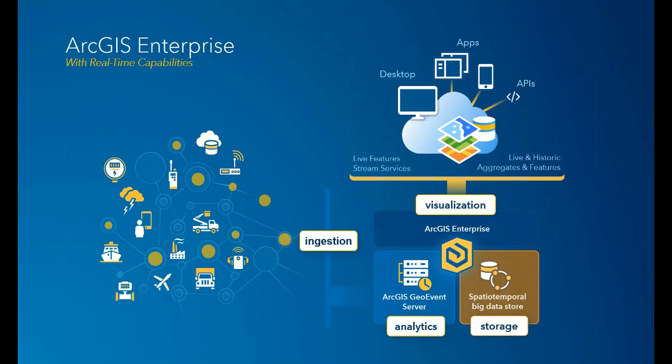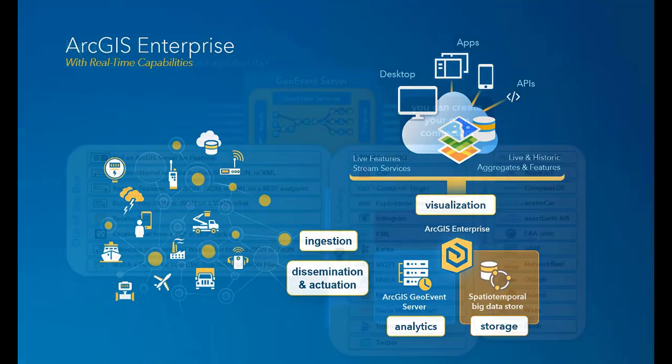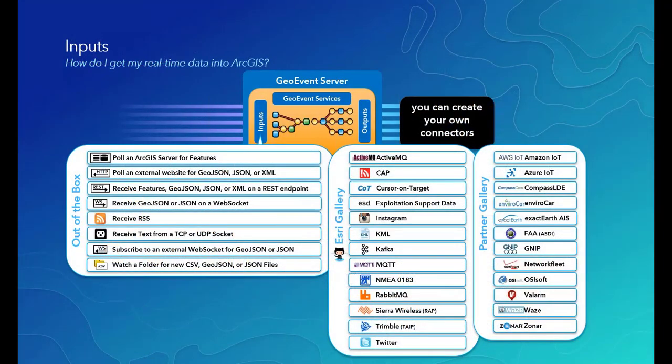We can visualize the data through different methods, whether it's through feature services or stream services, and all of that data can be recorded and aggregated and used in a more traditional sense, brought into the desktop environment, used in a lot of different ways. And data can also be pushed out to other audiences and other types of systems.